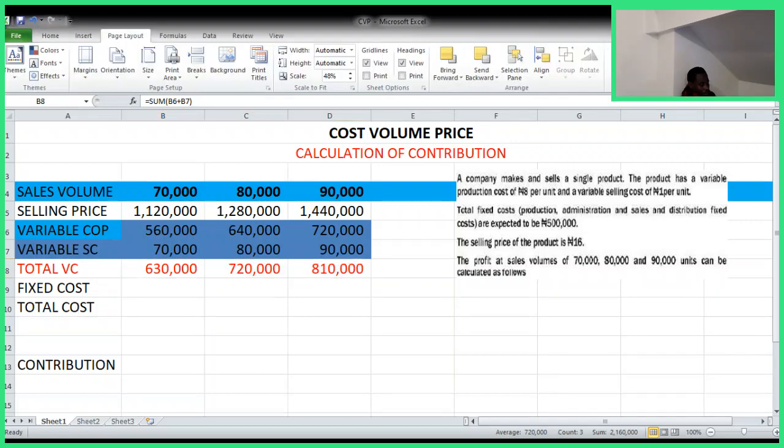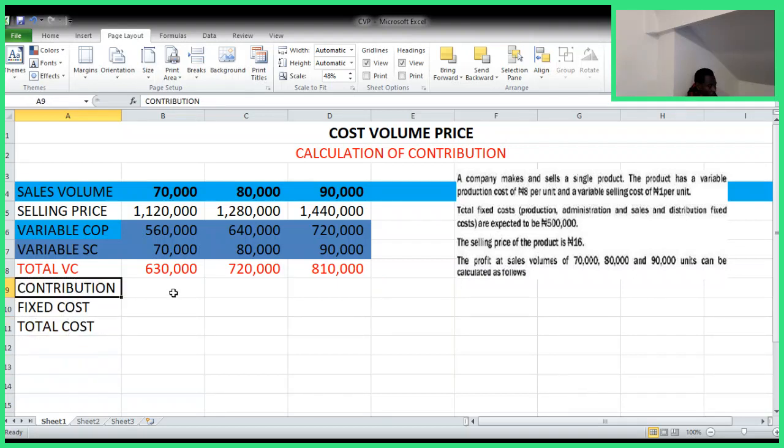So having calculated our total variable cost, let us know what our contribution will be. What is contribution? Contribution simply is sales, which is this, minus our total variable cost.